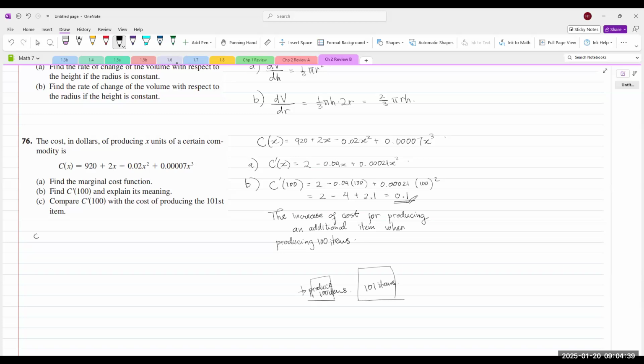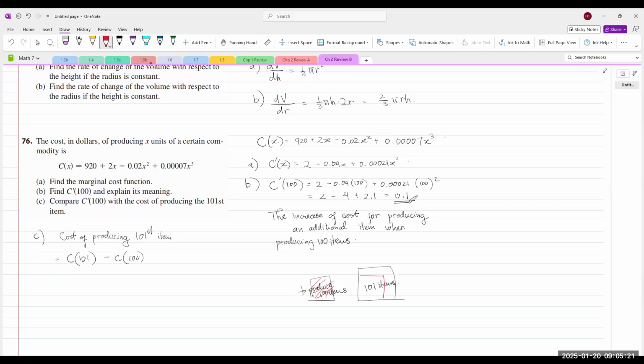Now part C here, compare the C prime 100 with the cost of producing the 101st item. So to produce, the actual cost, this is where you will see that the derivative is basically just an estimate, right? The cost of producing the 101st item is the same as the total cost to produce 101 items minus the total cost to produce 100 items. The difference between these.